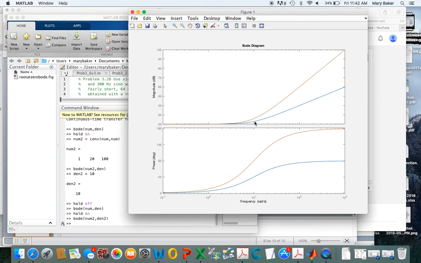Notice that for the second order system, the distance between the DC gain down here and the shift that occurs at cutoff is twice what it was with the first order.